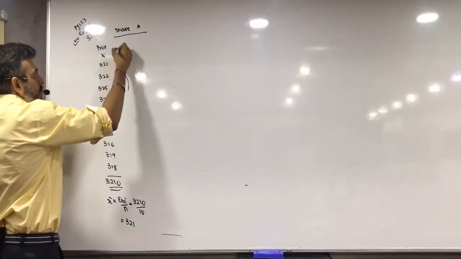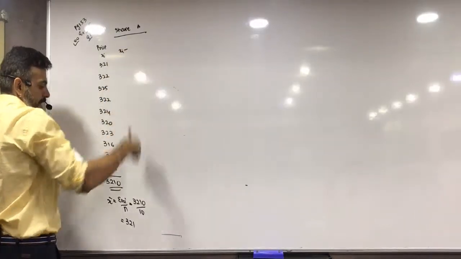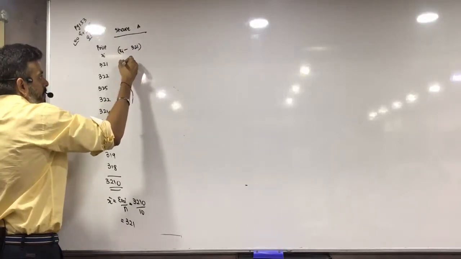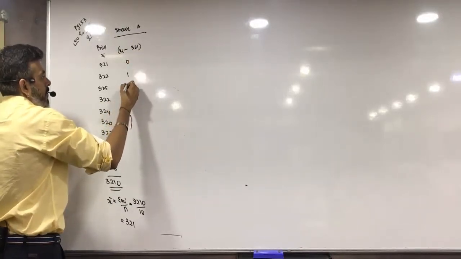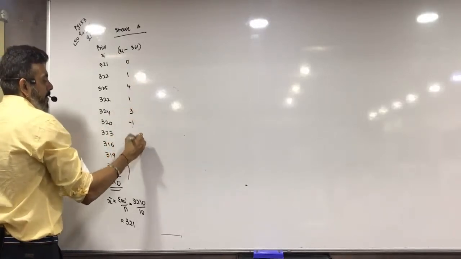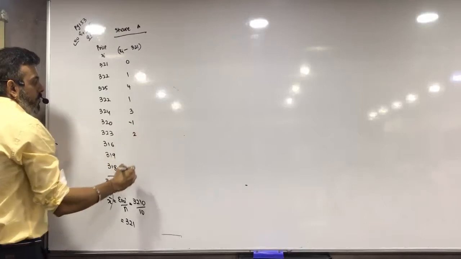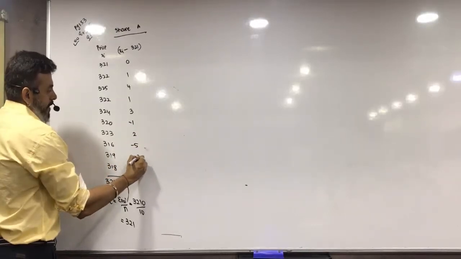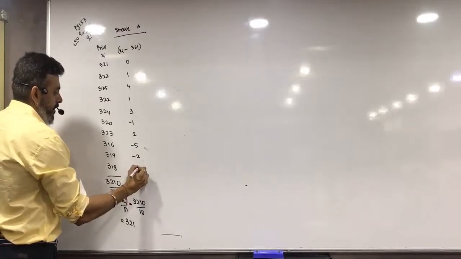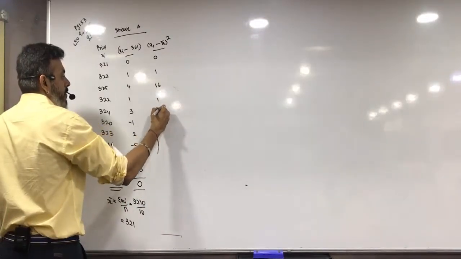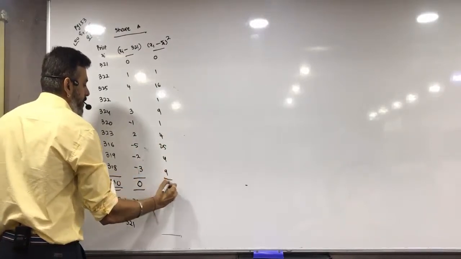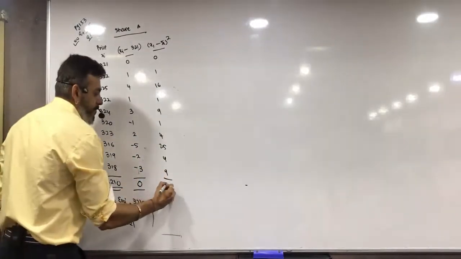So first we find out xi minus x bar, where the mean is 321: 0, 1, 4, 1, 3, minus 1, 2, minus 5, minus 3, minus 2, minus 3, and squares 16, 1, 9, 1, 4, 25, 4, 9, total 70.